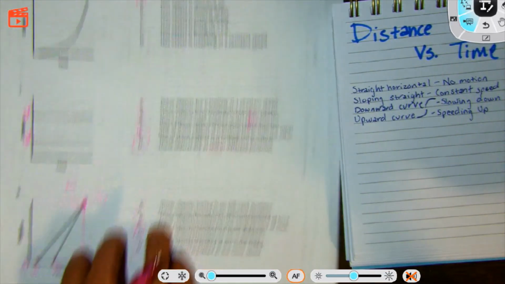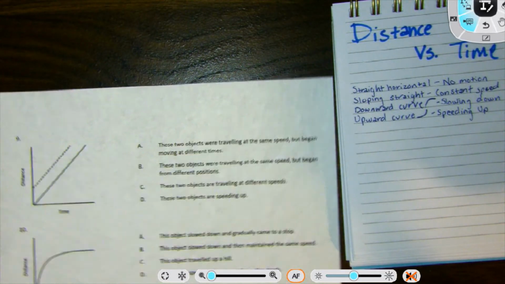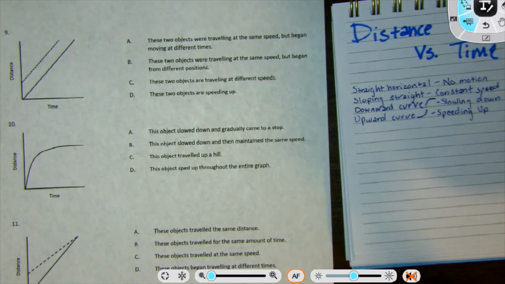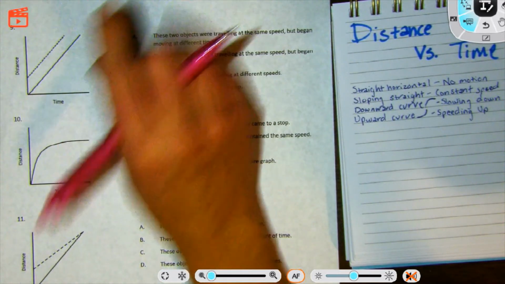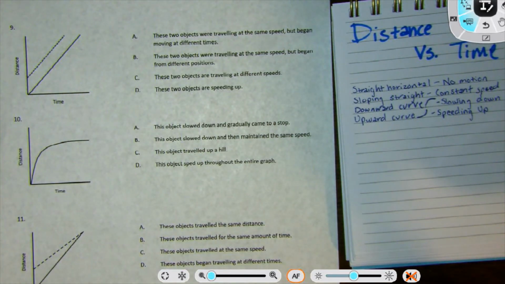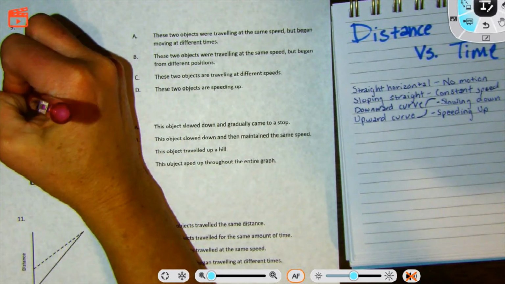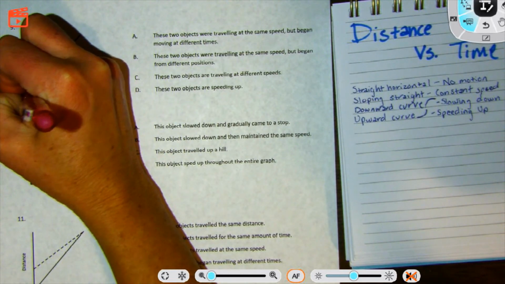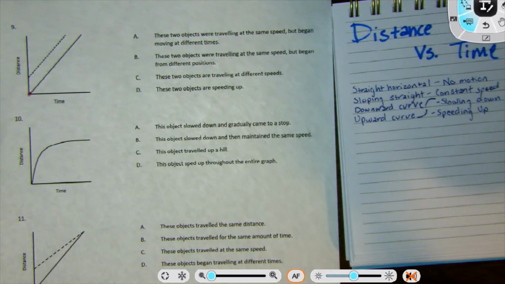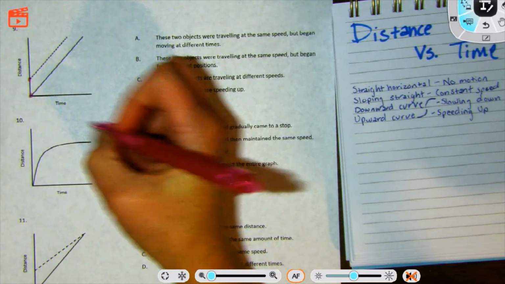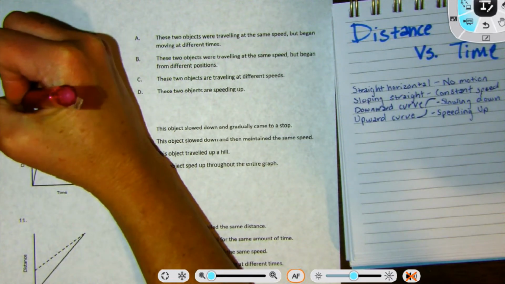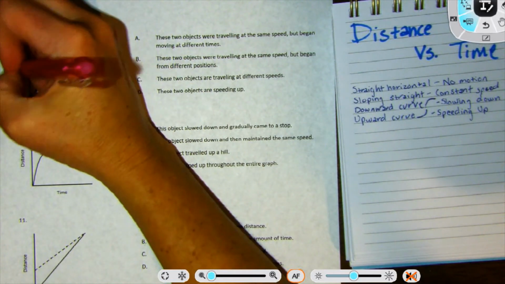All right, now number 9. Okay, so again, before you look at that, look over here. We have 2 lines, right? We have one that started right there, 0, 0. We have another one that started up here. So maybe this one's 0 miles and this one's 2 miles, right?